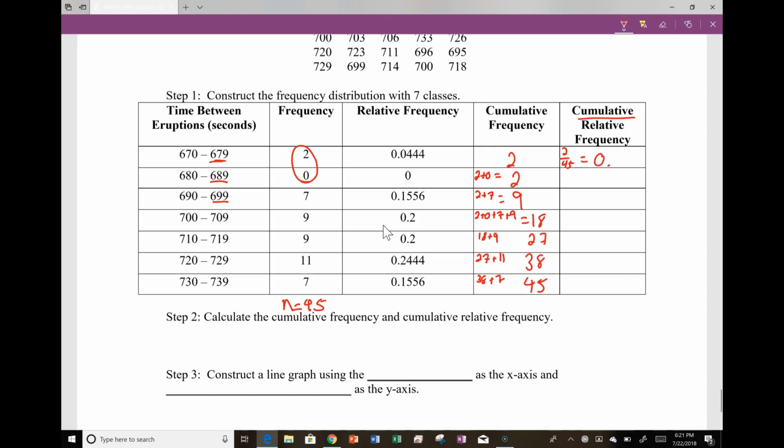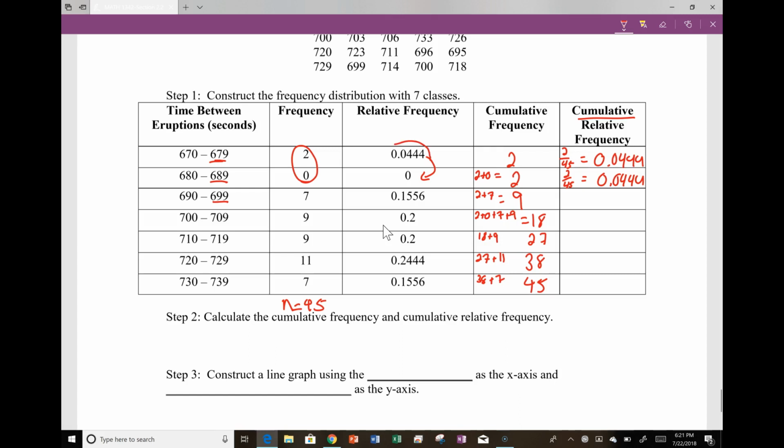And you will notice my relative frequency for the first one is the exact same. Cumulative means I'm going to add these 2 together. So 0.0444 plus 0 is going to be another 0.0444. Or it could be my 2 divided by 45 again.